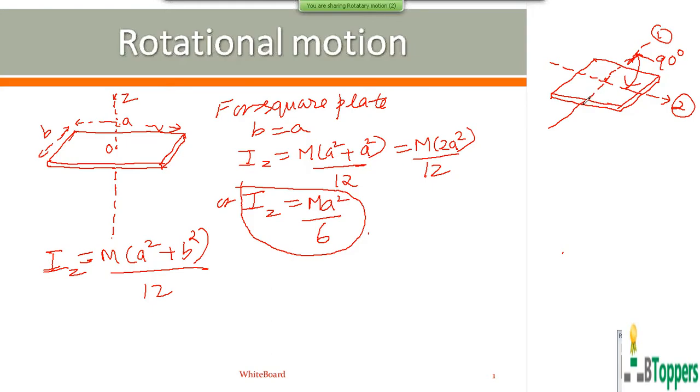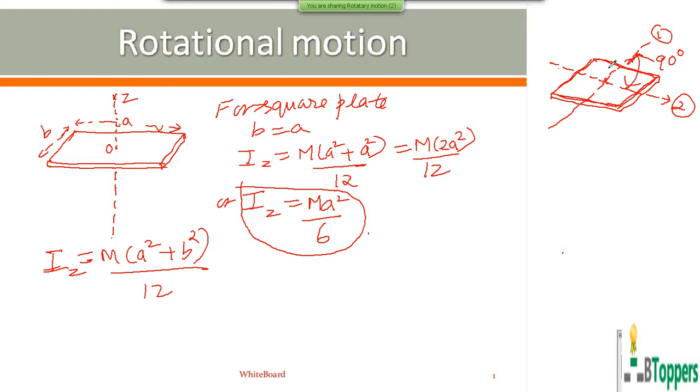Axis 1 is perpendicular to axis 2. That means the first axis is passing through the center of the plate and it is perpendicular to two opposite edges of the square plate. Axis 2 also lies in the plane of the square plate, passes through the center of the plate and is perpendicular to the other two opposite edges of the square plate.